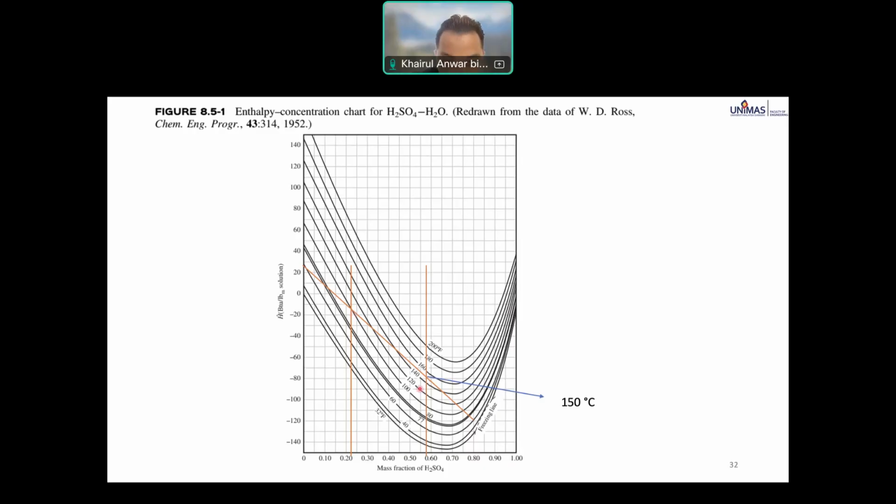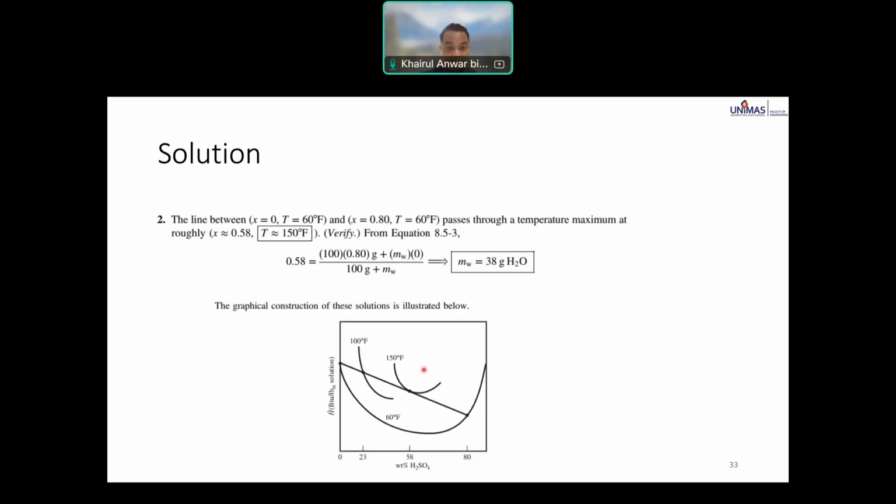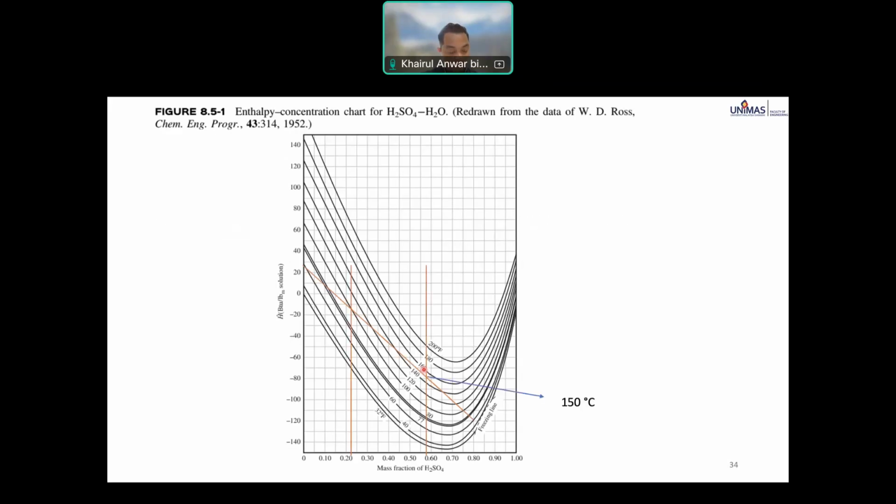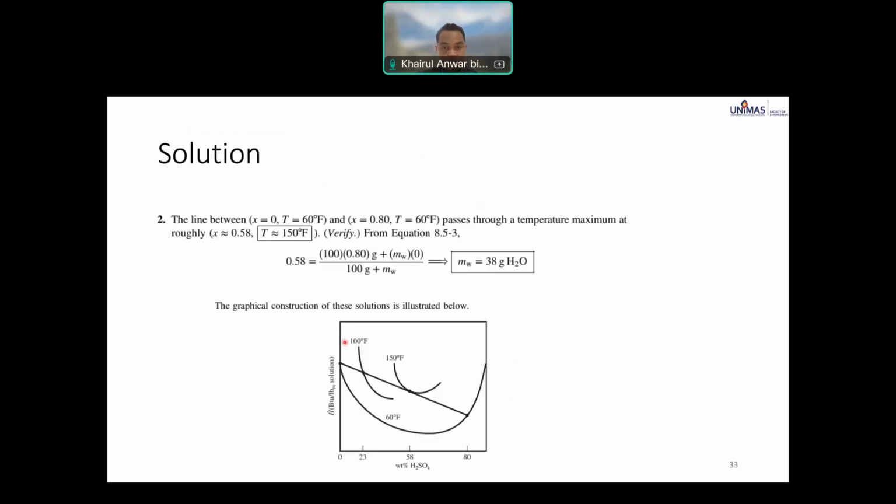It's between 140 and 160. So from equation 8.5-3, with x equal to 0.58, we get the mass of water as 38 grams H2O to achieve that 150 degrees Fahrenheit.